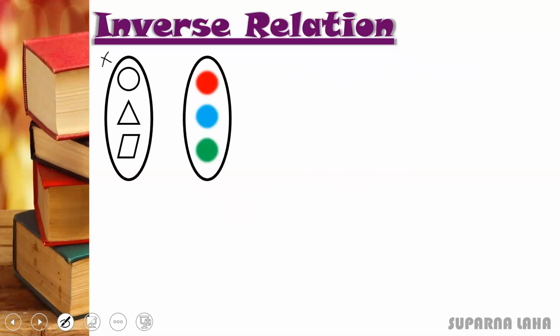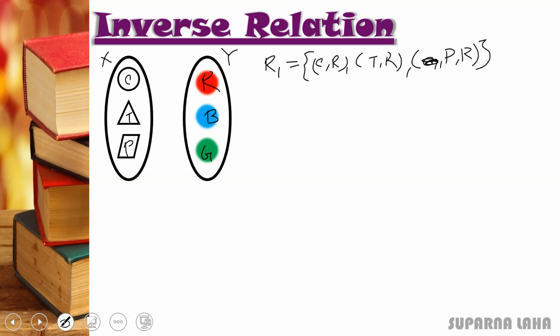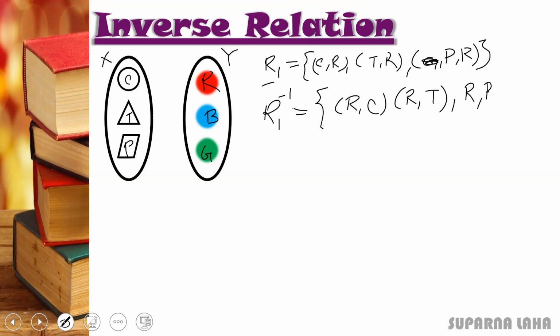This is the set X. Take the same example again. This is C, this is T, this is P, and this is Y, this is R, this is B, this is G. Now let us take the relation R1 given by (C, R), (T, R) and (P, R), these three pairs. The inverse of R1 is denoted by R1 inverse and defined as (R, C), (R, T), (R, P).